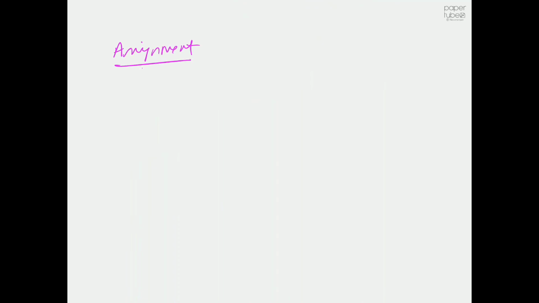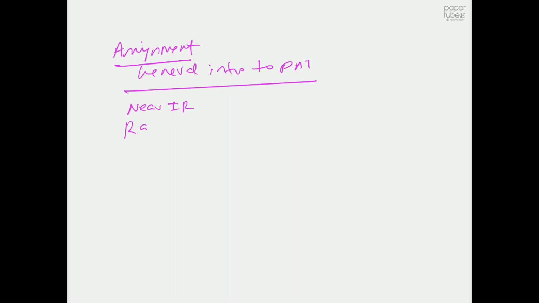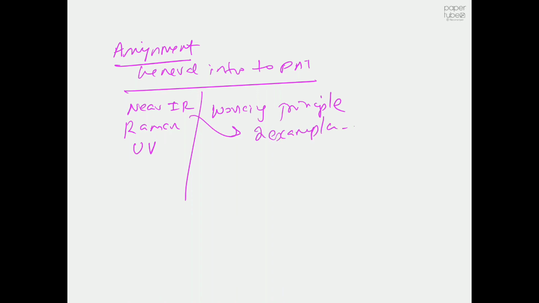You can call this a general intro to PAT, and then list all the other PAT tools like near IR, Raman, and UV, their working principles, and give one or two examples under each, like where they are used in industries.